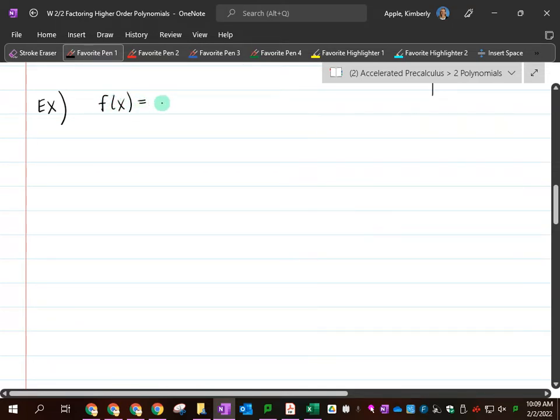So let's say f of x is equal to x cubed minus 28x minus 48, and let's say there is a root at x equals 6. So you need the factored form, the roots, and sketch the graph.